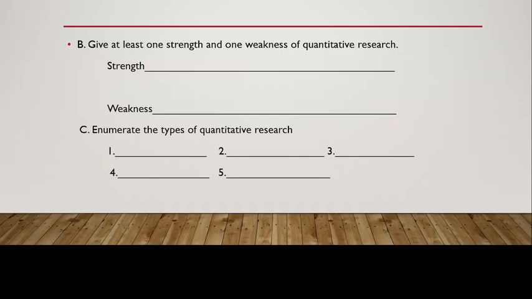Then letter C, you have to enumerate the types of quantitative research. Very easy. Okay? So again, write your answers in a yellow pad paper, then submit that on October 8 together with your module.